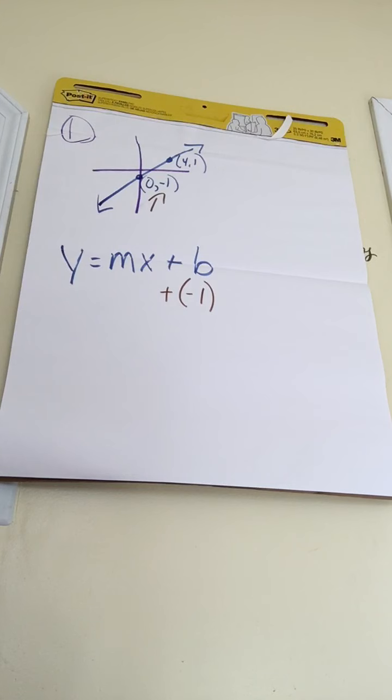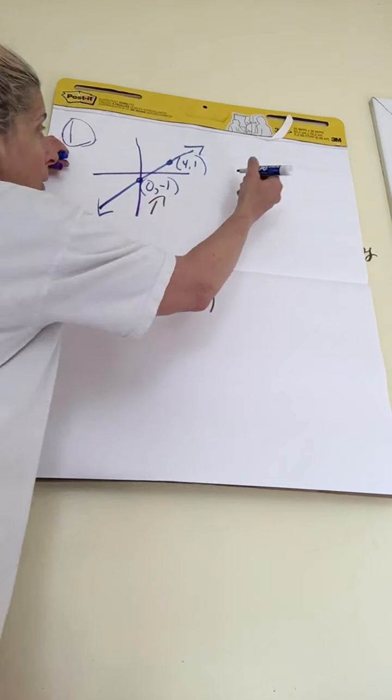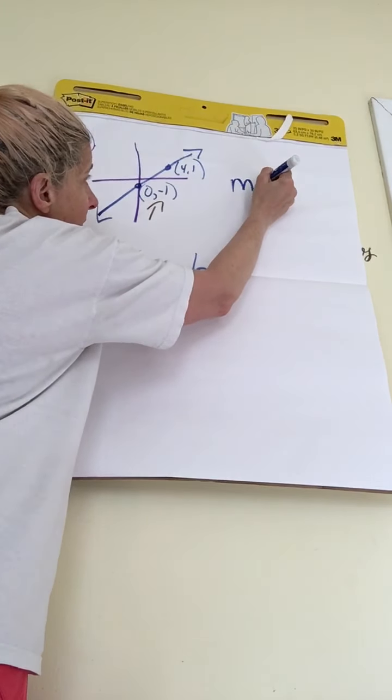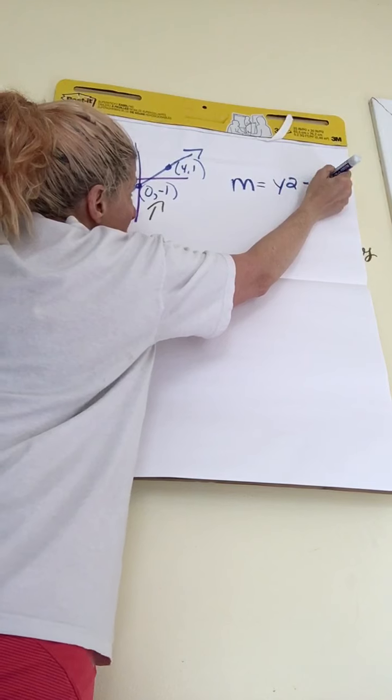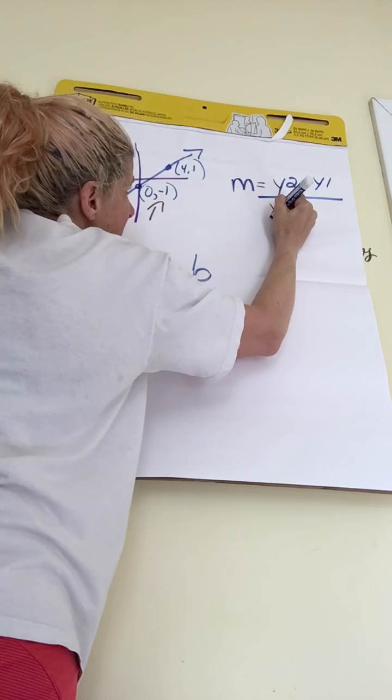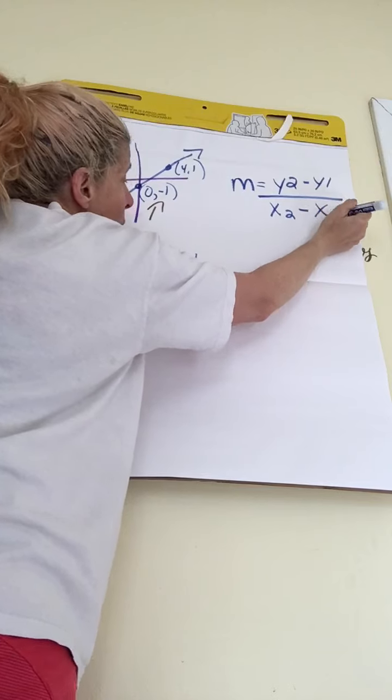Now, finding the slope is requiring us today to remember that equation or that formula that we used earlier in finding slope with 2 points. Jog your memory. Okay, I'll help you. m = (y2 - y1) / (x2 - x1).